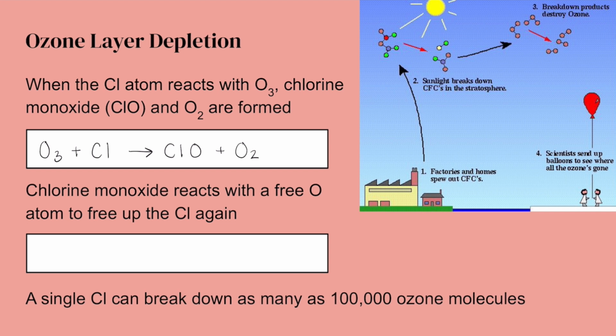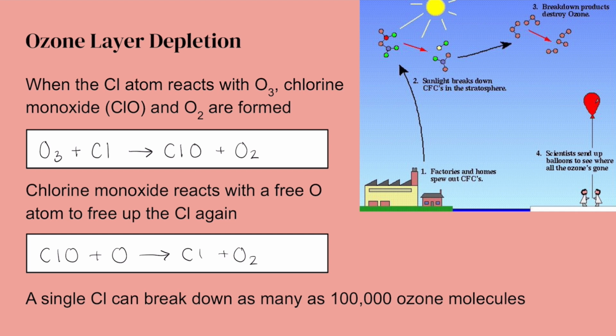This reaction has some big implications because it will free up that chlorine atom again. So we have our chlorine monoxide. It reacts with an oxygen atom and it releases back that chlorine atom and molecular oxygen, or oxygen gas.